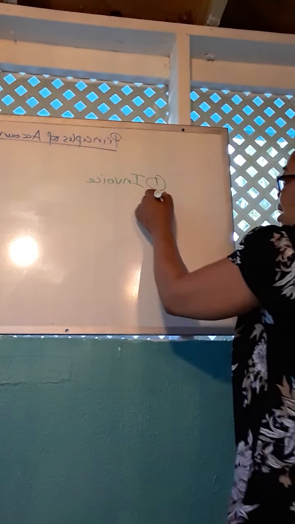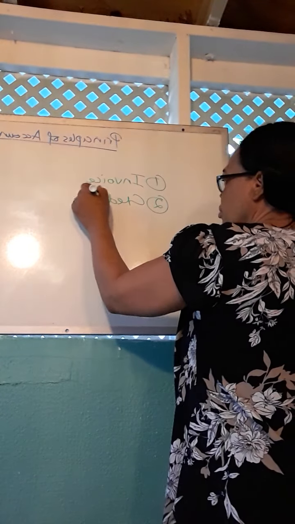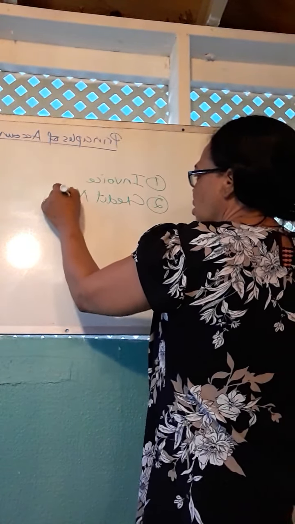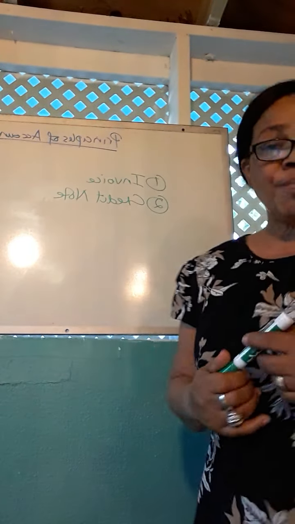The second document that you need to know about is one that is called a credit note. The credit note is normally drawn up by the seller.